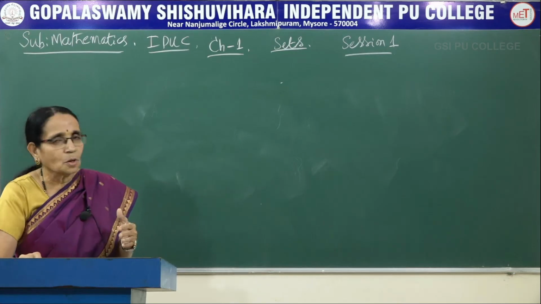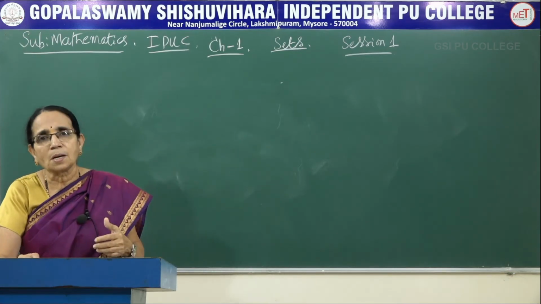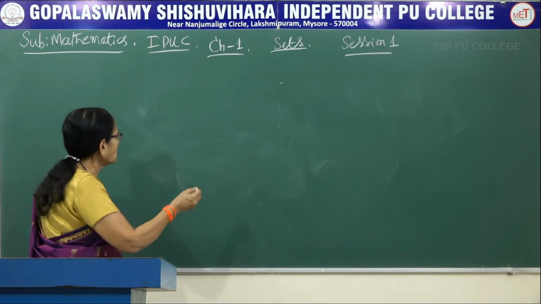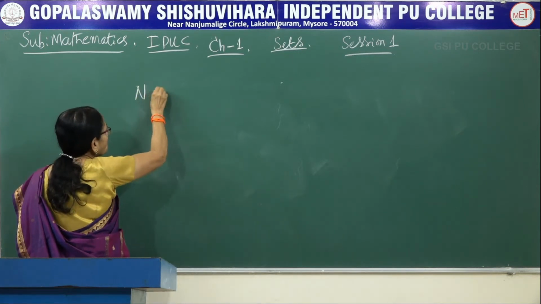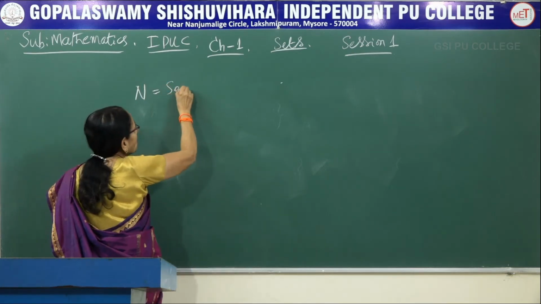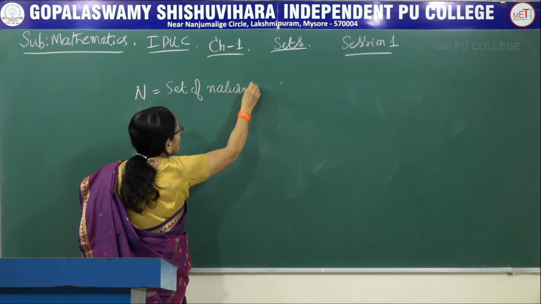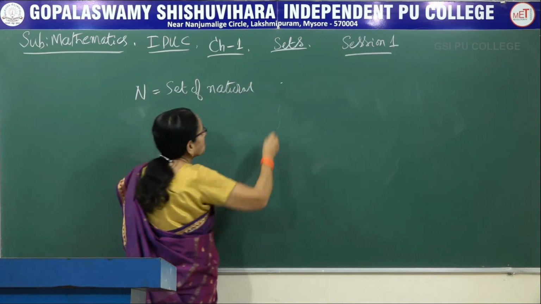But in mathematics, some standard letters are used to denote particular sets. You are already familiar with these, I hope, from the lower classes. N, capital N, denotes the set of natural numbers.